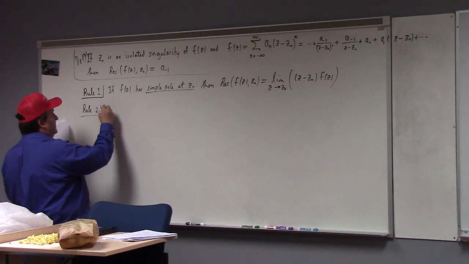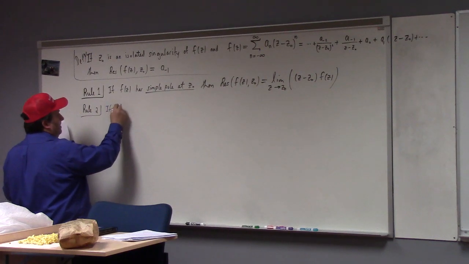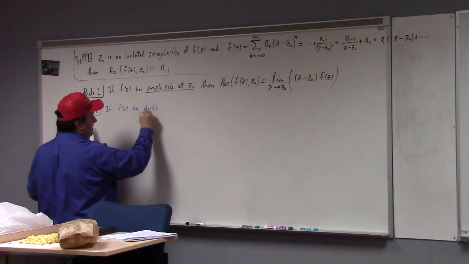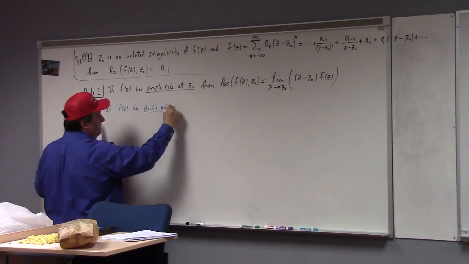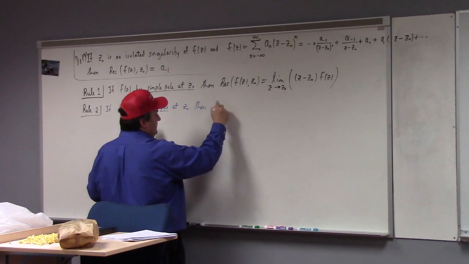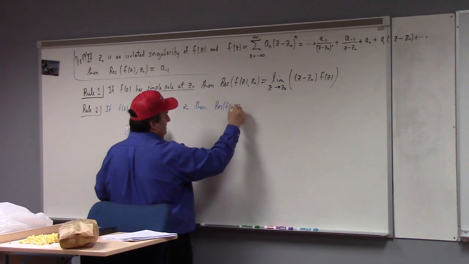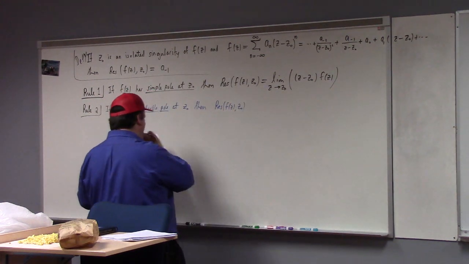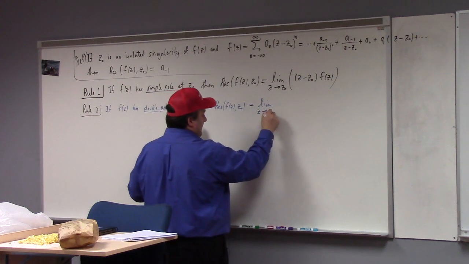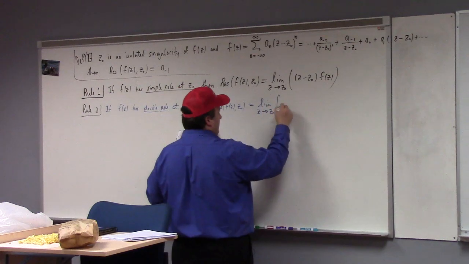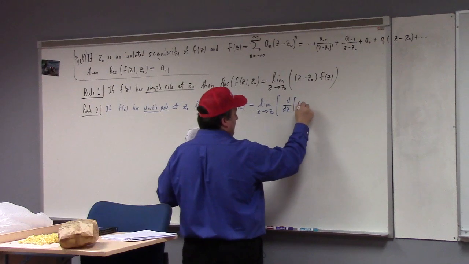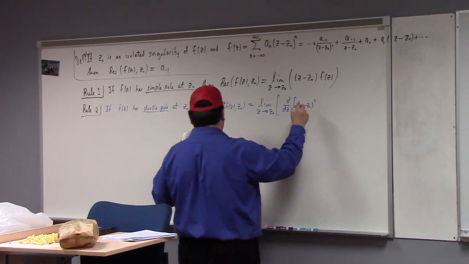If f of z has a double pole at z naught, then the residue of f of z at z naught can be calculated by the limit as z goes to z naught of the derivative with respect to z of z minus z naught squared times f of z.